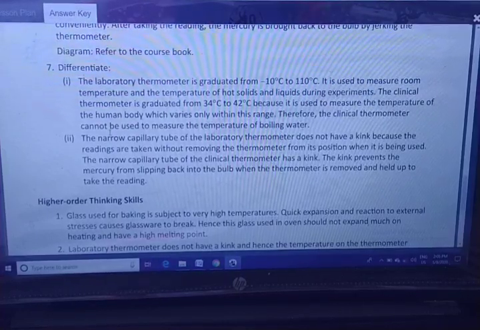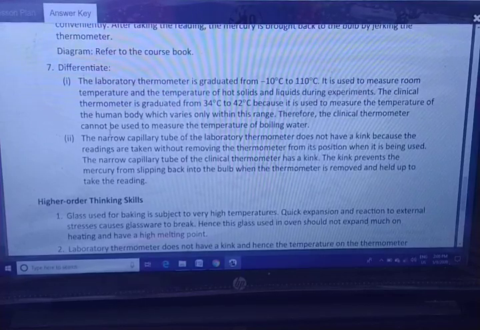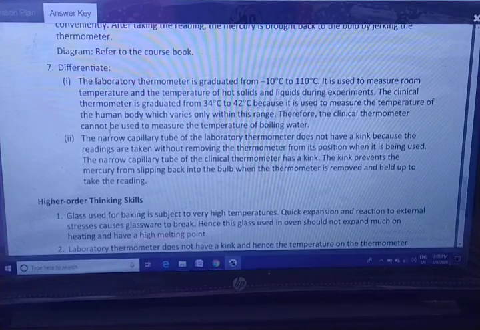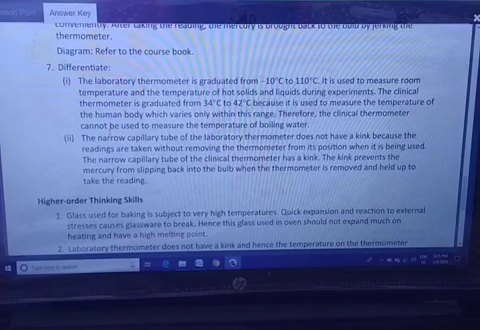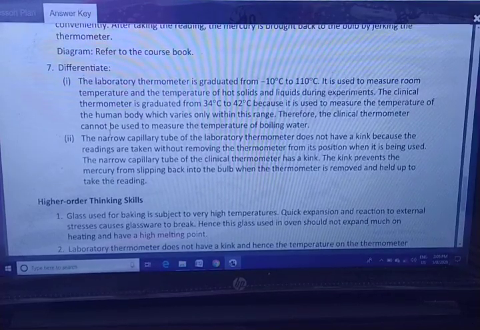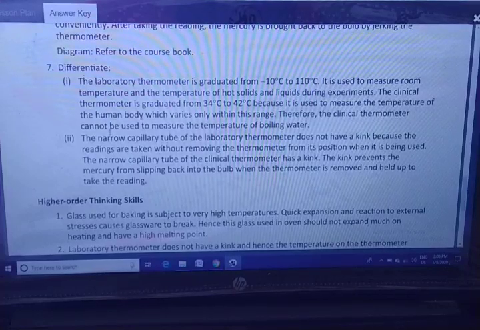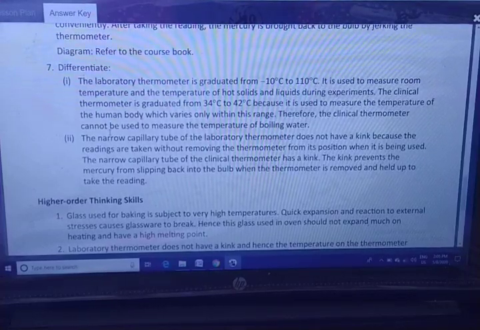As already explained, in the laboratory thermometer we don't have to remove it from the contact of the two objects. If I am putting a laboratory thermometer into water, I can read the temperature in the water only, right? But with the clinical thermometer, we have to remove it from under the tongue or under the arm, and then read the temperature. That's why the kink prevents the mercury from slipping back into the bulb.